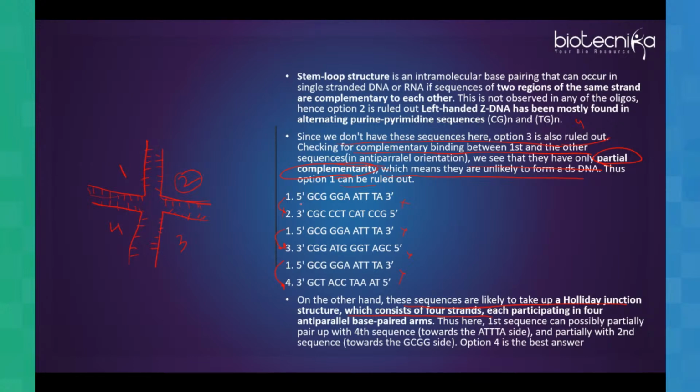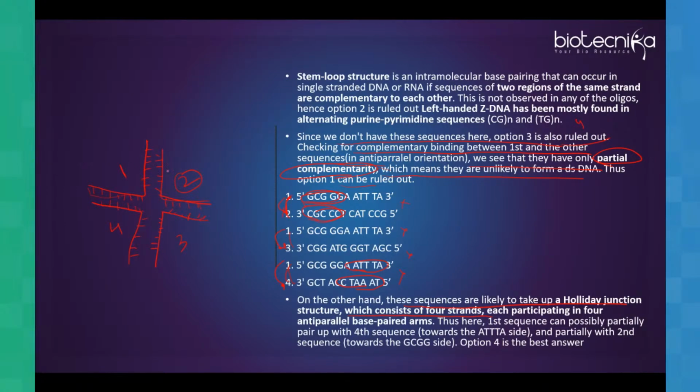So if you check 1 and 2, or 1 and 3, 1 and 4, you will see that the first is having half complementary binding. For example, 1 and 2 are having it in the first half, and if you check 1 and 3, and 1 and 4, they are having more or less complementary binding in the last half. So that's what I said.